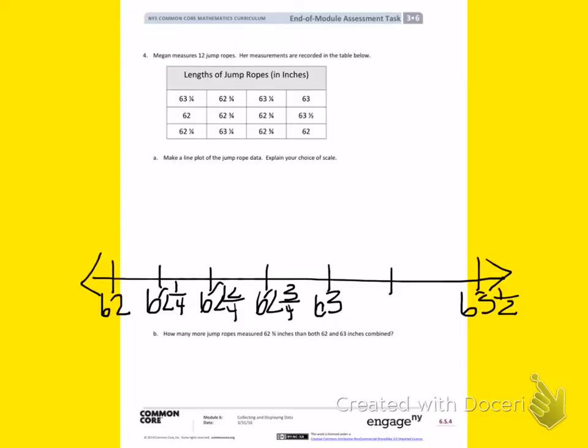Last I have 63 and 1/4. That's last because 63 and 1/2 is equivalent to 63 and 2/4. So I'm also going to change 62 and 2/4 into 62 and 1/2. Excuse me, 1/2.